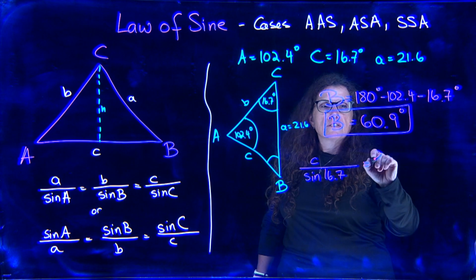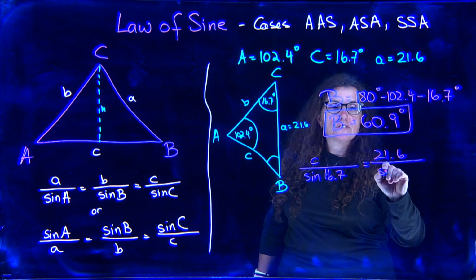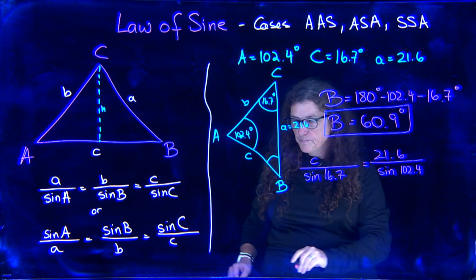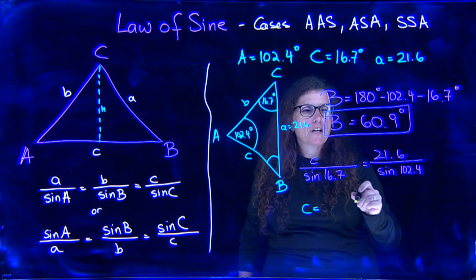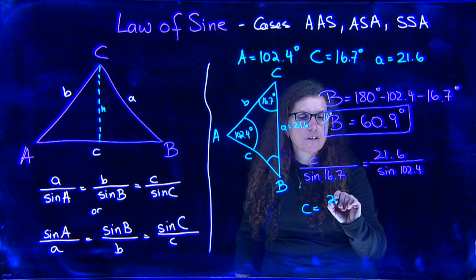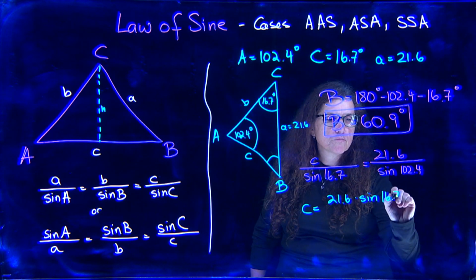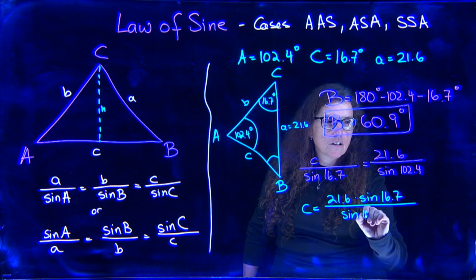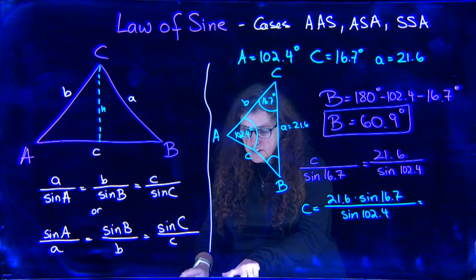So a is 21.6 over the sine of 102.4. So if we solve for c, we multiply by sine of 16.7: 21.6 times the sine of 16.7 divided by the sine of 102.4. Let's round it to one decimal place.